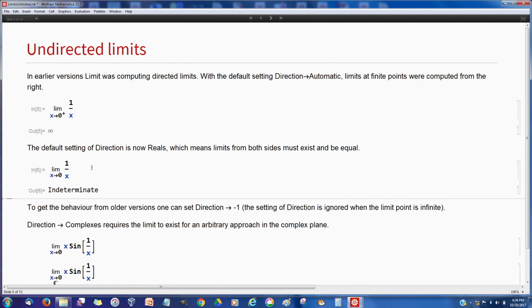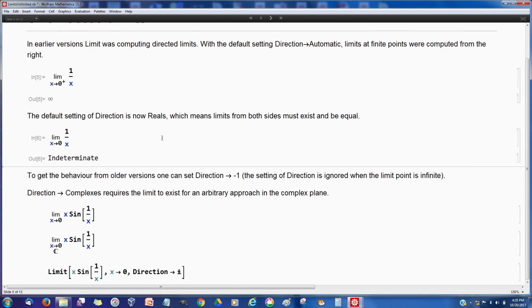But if we take the limit over the reals, which is the new default, it doesn't exist. From the right-hand side, it's plus infinity. From the left-hand side, it's minus infinity, so the limit does not exist. To get the old behavior, one can use direction goes to -1 or from above to get the same behavior.